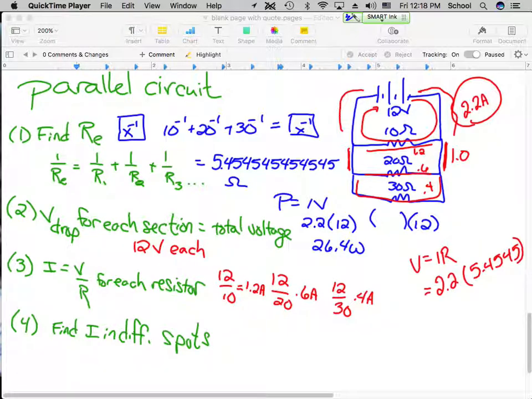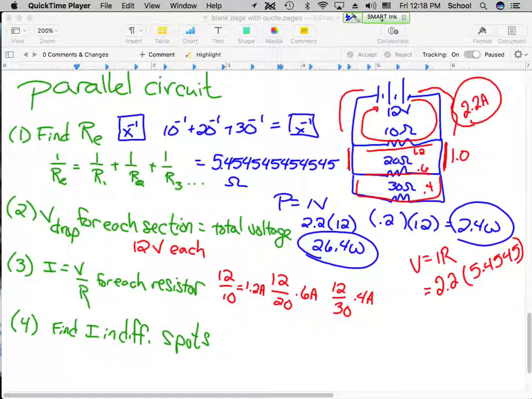So 12 divided by 60 gave us 0.2 amps last time. So we only had 0.2 amps last time, so that's going to give me 2.4 watts. You see how when we hook up the exact same components in parallel, we have this power. In series, we only have that power. Power usage is always much, much smaller in series than it is in parallel. Any questions there?